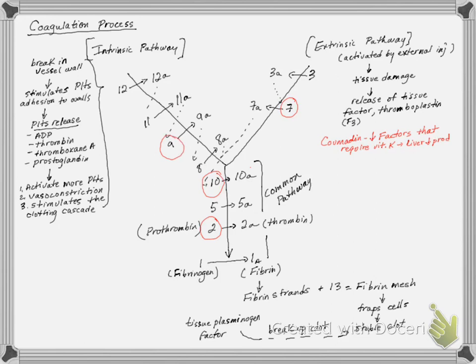And 9. So the liver isn't going to be able to readily produce these factors because Coumadin is going to be limiting the amount of vitamin K that gets to the liver. What's another one?